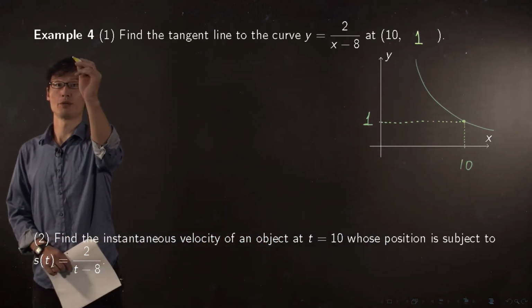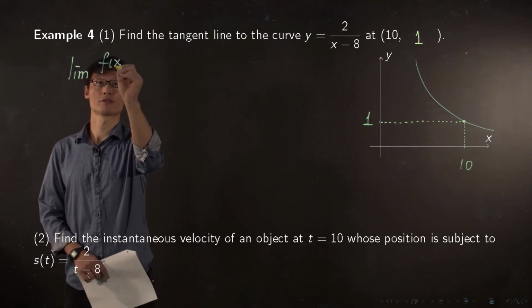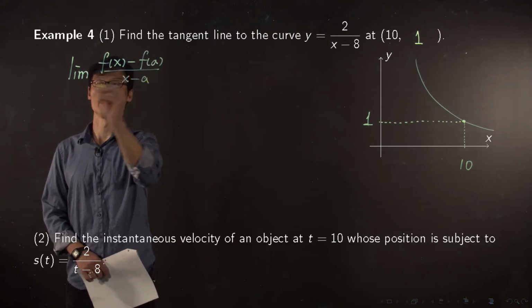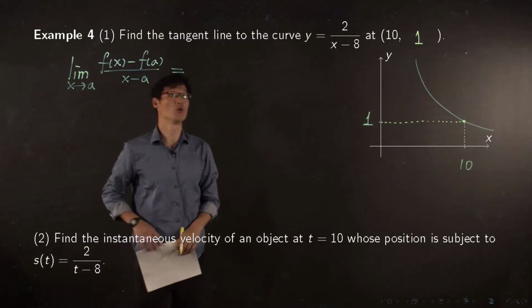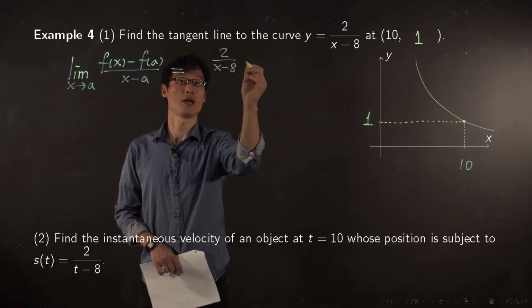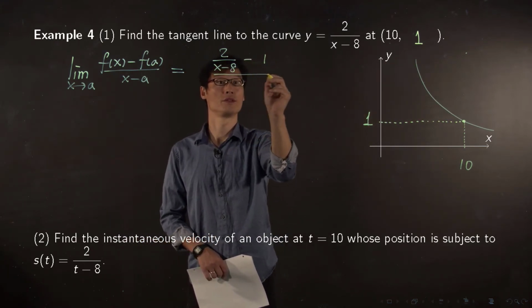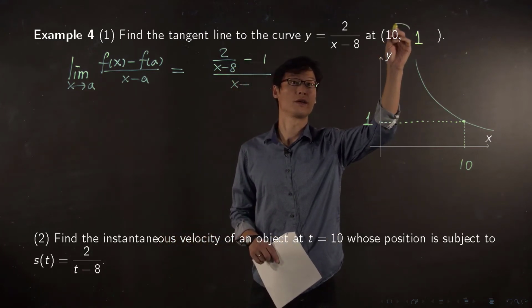So let me repeat the definition. Limit of f of x minus f of a over x minus a. Our function is 2 over x minus 8. Our function value is 1. X minus, of course, our a is 10.